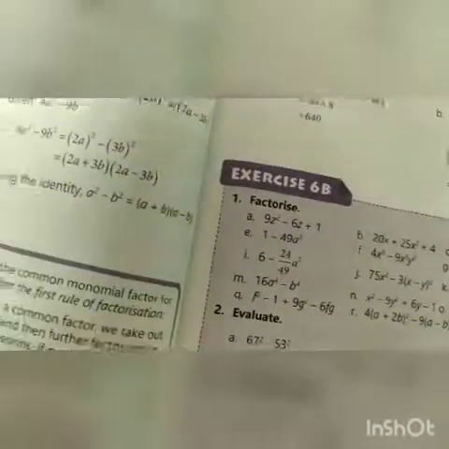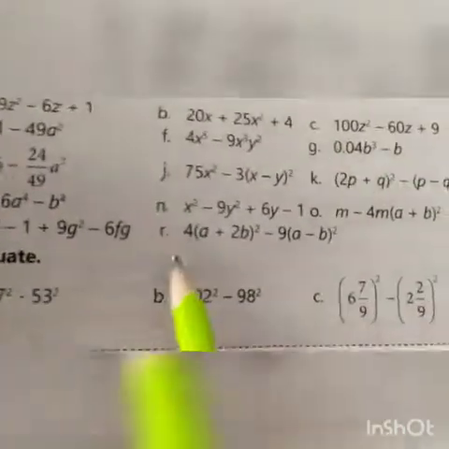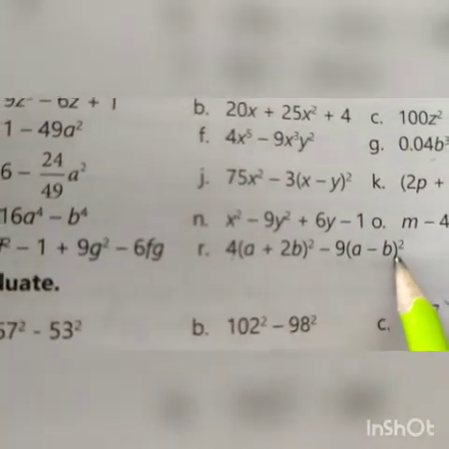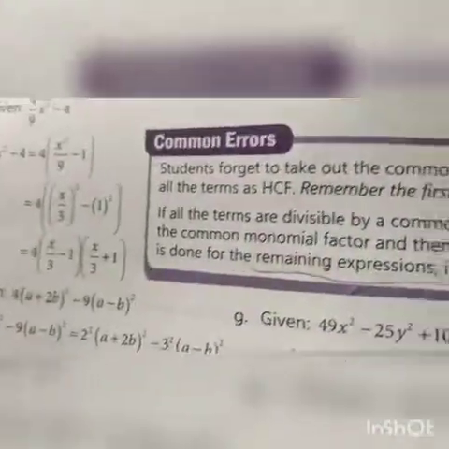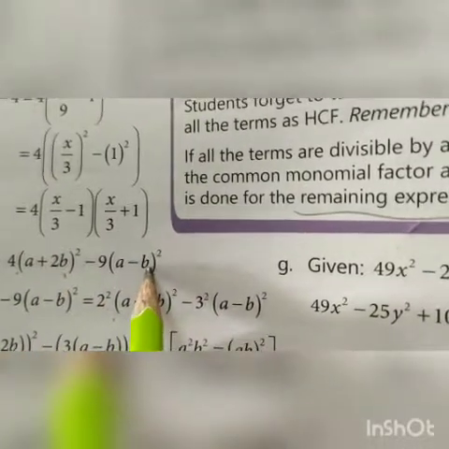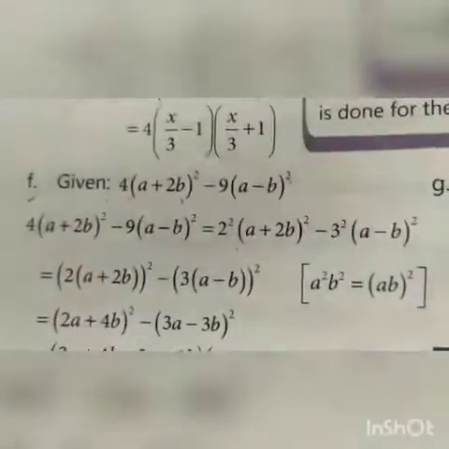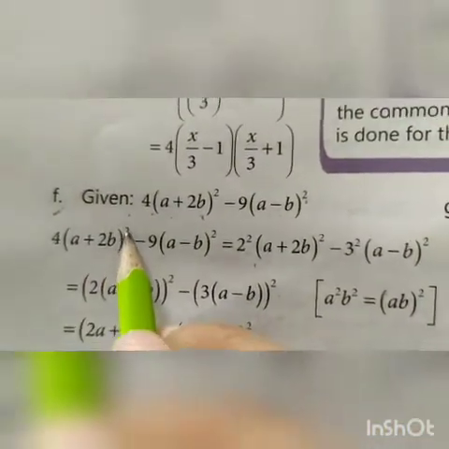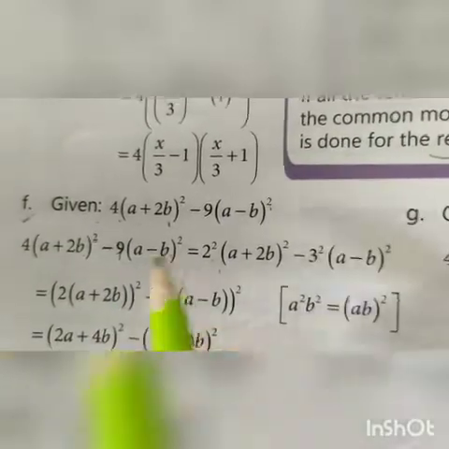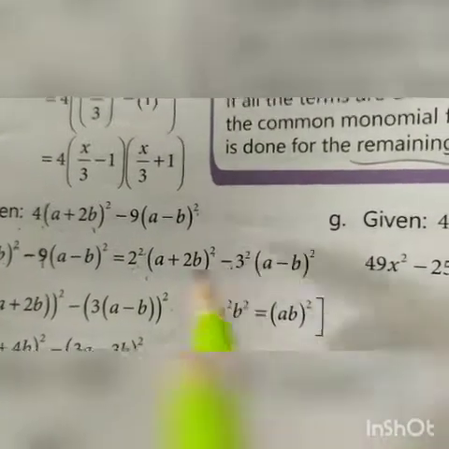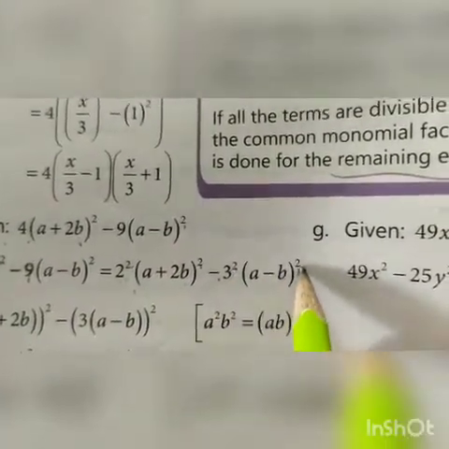Now question number R. See in the book here. Question number R: 4A plus 2B whole square minus 9A minus B whole square. This question and example F, both are the same. I am explaining this question here. This 4 is the square of 2, so 4 times A plus 2B whole square, minus 9 which is 3 square, times A minus B whole square.